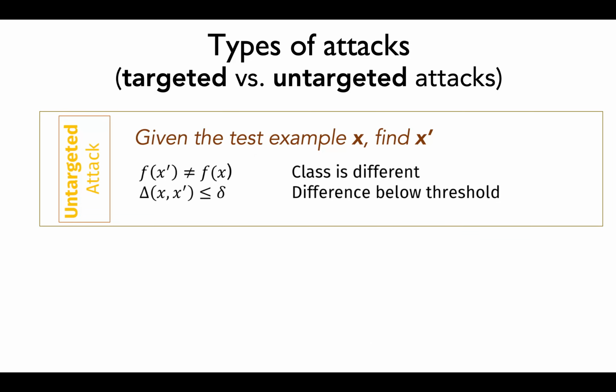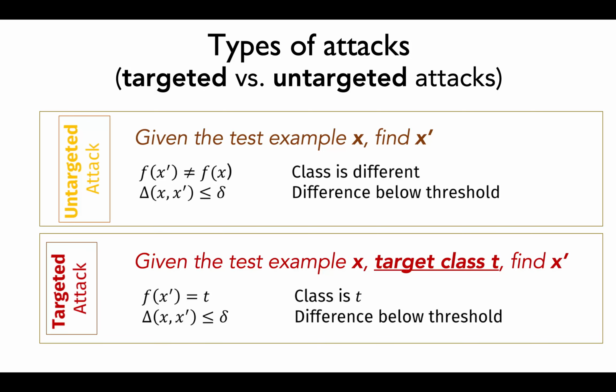So another way of classifying the attacks could be to differentiate between targeted attacks and untargeted attacks. In an untargeted attack, you just want the machine learning classifier to make an error. So you want it to say something that it should not really be saying.